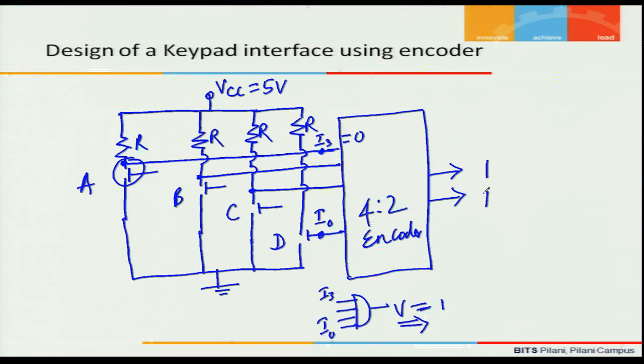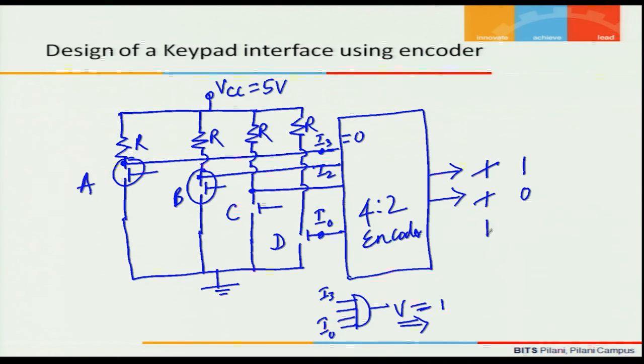Instead of A, if B is activated, then I2 becomes a 0. I2 becoming a 0 for a 4:2 encoder means I2 gets activated. The corresponding outputs are going to be 1 0.